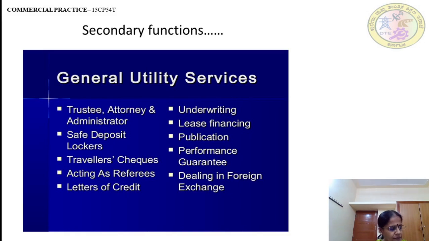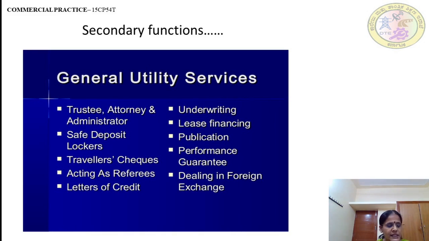In the secondary services of a bank, we were able to understand the agency services. After understanding the agency services, now we have to concentrate on the next aspect of service called general utility services. That means not only acting as an agent on behalf of the customer, he is also going to provide various other services.